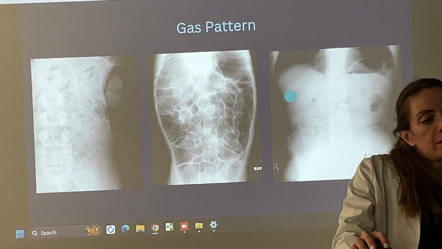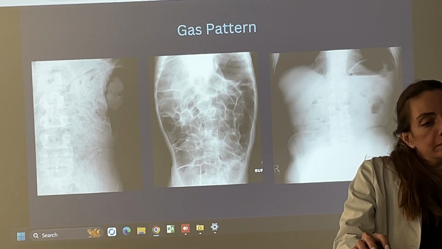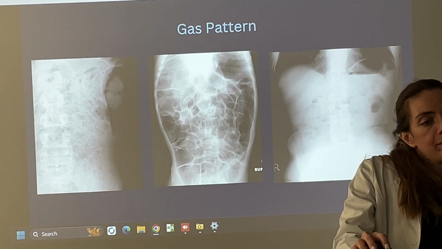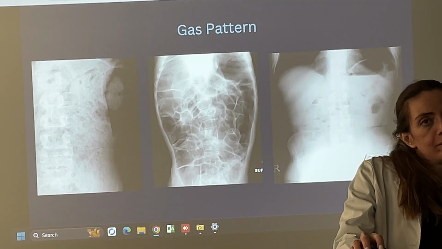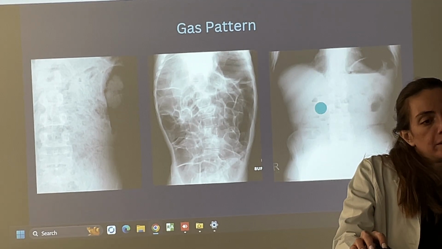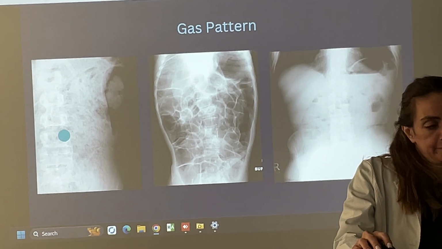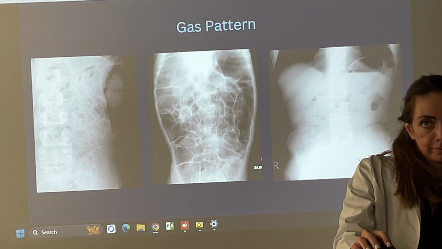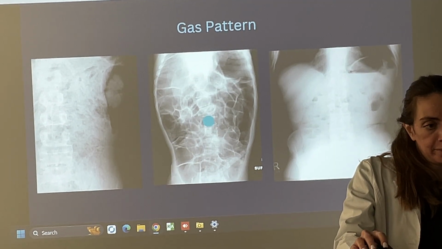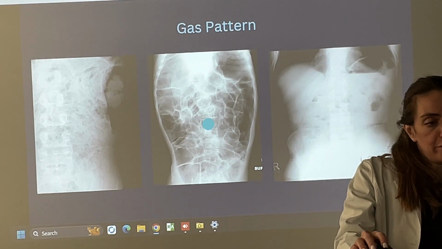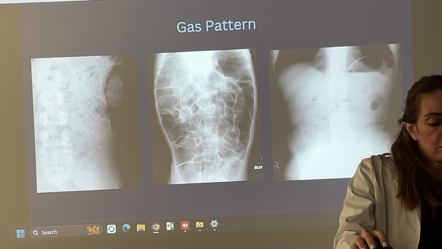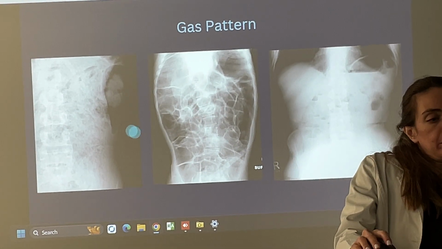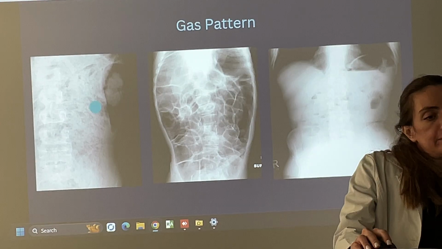Which one is normal? Normal. This one? The middle one is called aerophagia. When the patient swallows too much air, that is aerophagia. What is the first one?